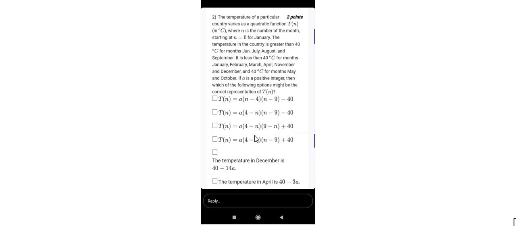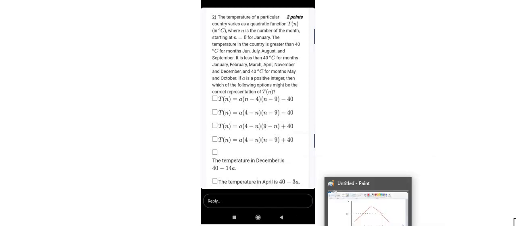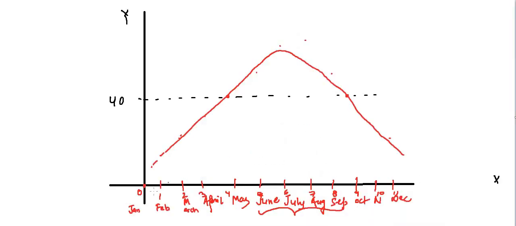For that, remember the shifting of parabola. Just imagine I have shifted my x-axis to the upper part. Whatever was my x-axis that I was considering, this is my 40.